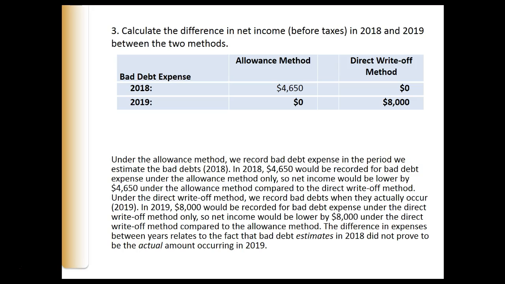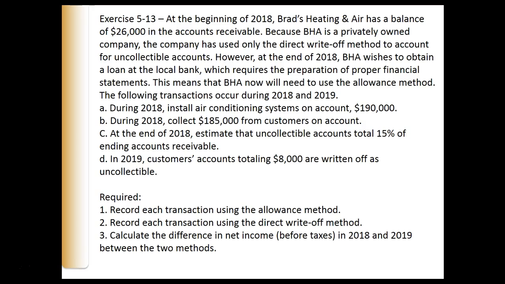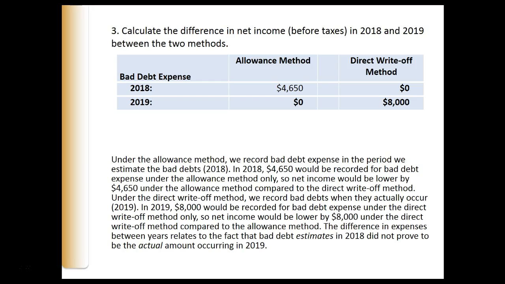Next, we're going to calculate the difference in net income for 2018 and 2019 between these two methods. So, as you see, in 2018, by using the allowance method, we wrote off $4,650. By using the direct write-off method in 2018, we would have written off nothing.